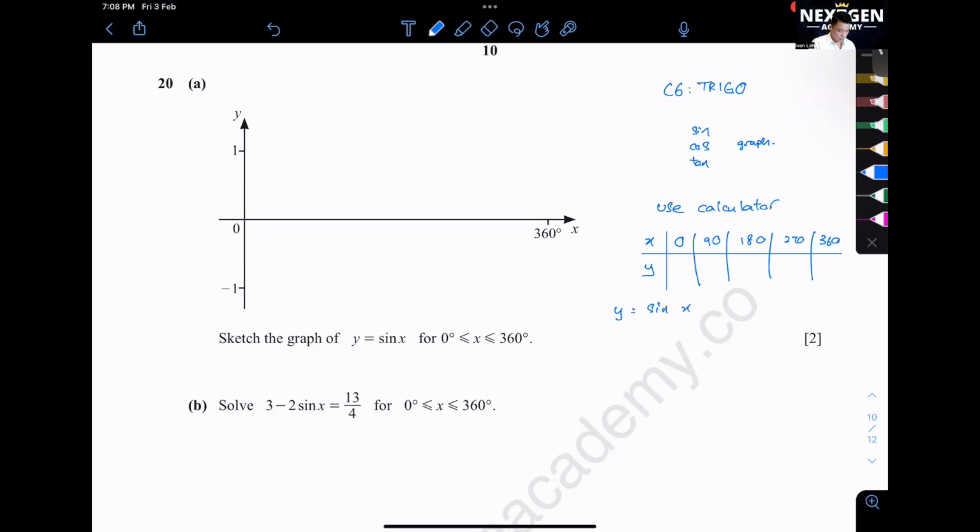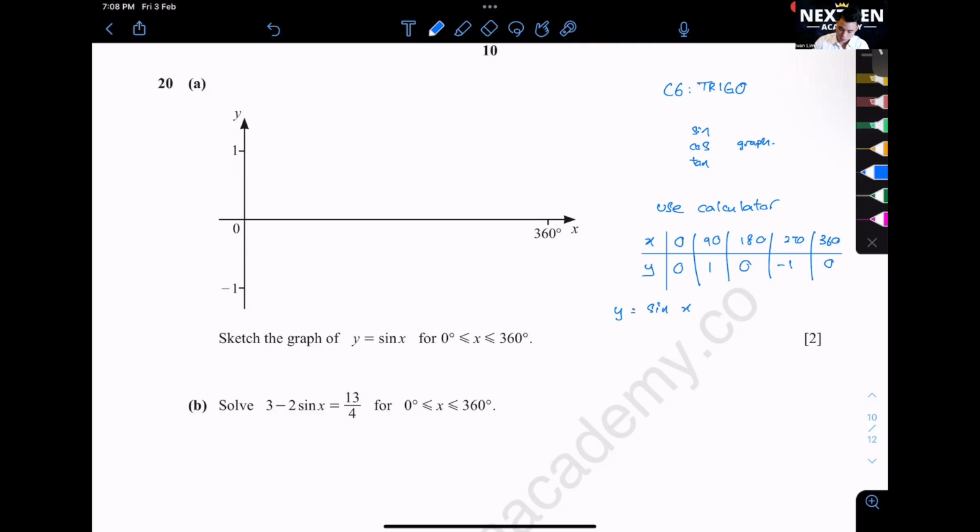So sine 0, you type in the calculator, you get 0. Sine 90, 1. Sine 180, 0. Sine 270 is -1. This one is 0. In case you suddenly forget in the exam, I know that sometimes students say, teacher, I suddenly forget what the sine graph and cos graph look like. Don't worry, use your calculator to help you.